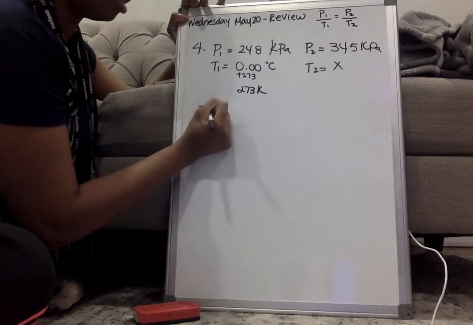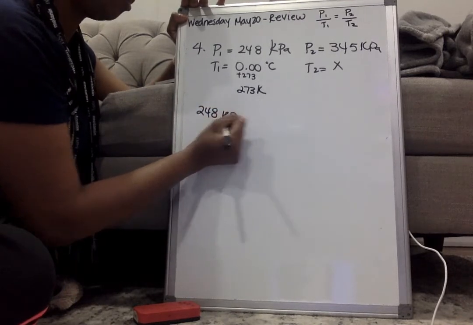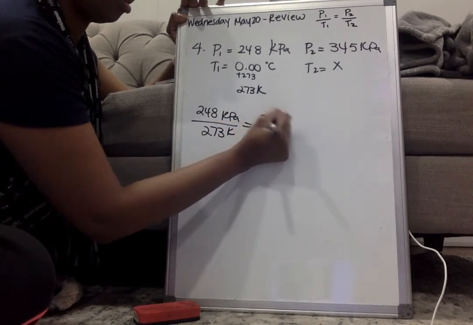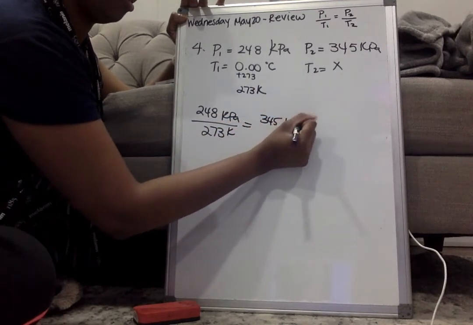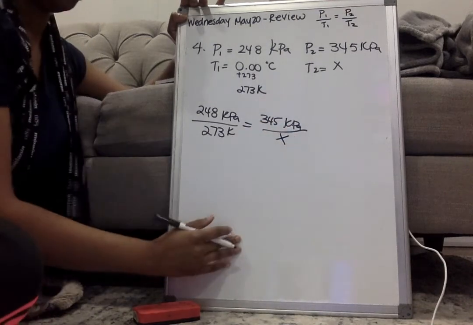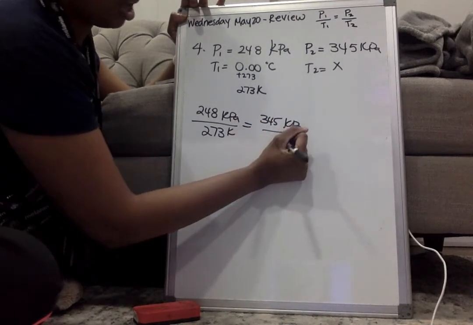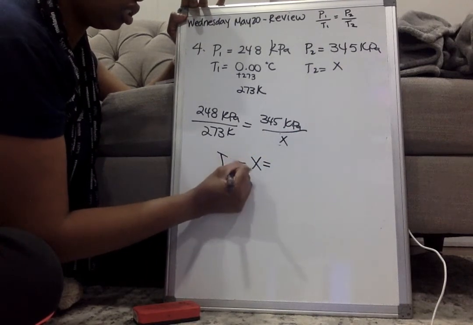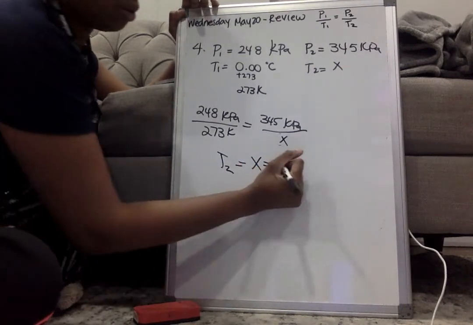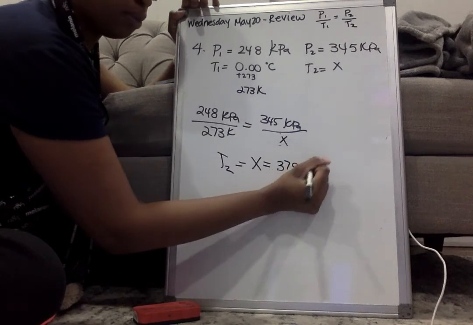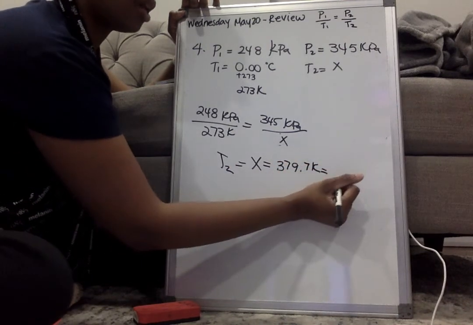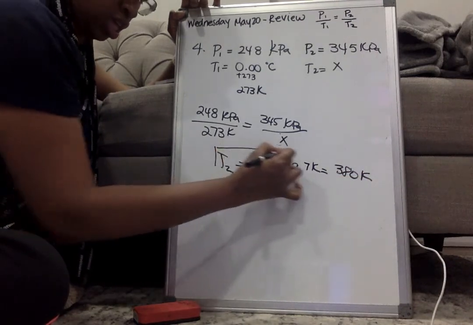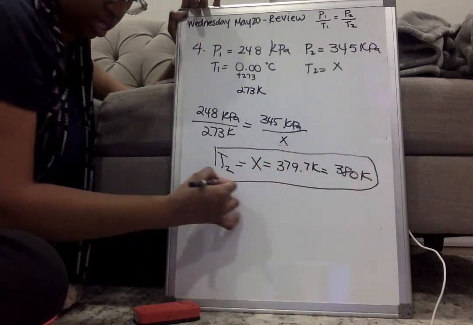Now we put that into our formula, and we'll find that our final temperature, T2, equals 379.7 Kelvin. You could round that number to 380 Kelvin. And that is the final answer.